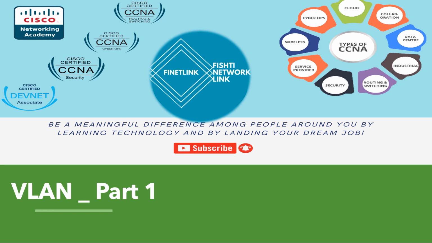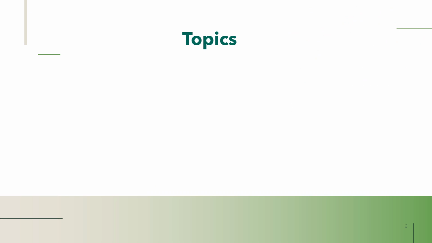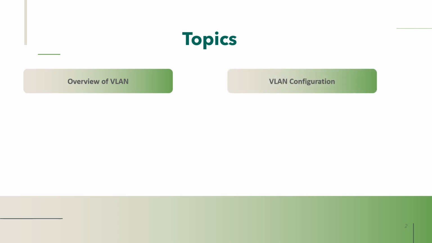So what we will study here in this material will be the objective to implement VLAN and trunking in a switch network. So first of all, we will have an overview about VLANs where we will explain the purpose of VLANs in a switched network, and then we will explain how to configure a switch port to be assigned to a VLAN based on requirements.